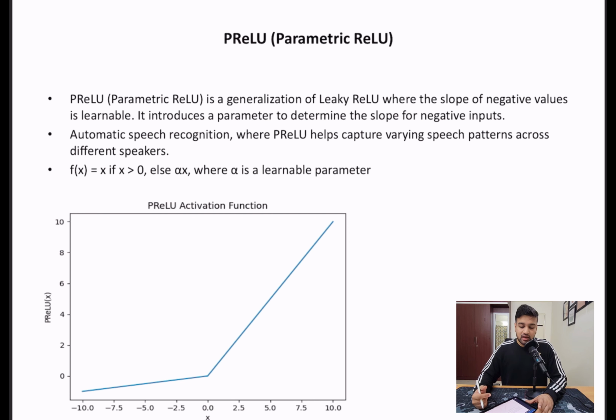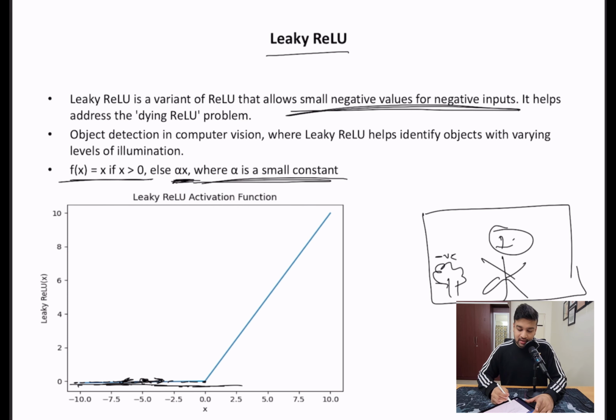The next variation of ReLU is PReLU, or Parametric ReLU. Let us understand what that is. Parametric ReLU is actually a generalization of leaky ReLU, where the slope for negative values is learnable. It introduces a parameter to determine the slope for negative inputs. Previously we saw that this alpha is a constant.